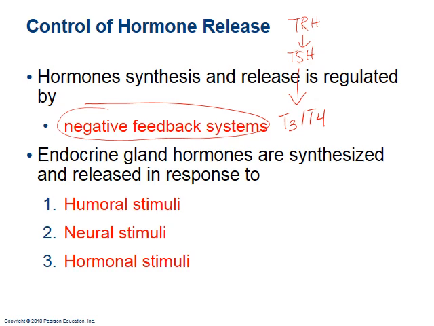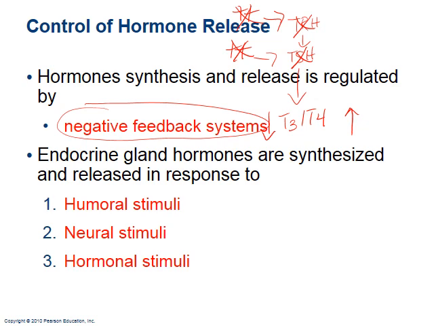If you have low T3 and T4, these guys are going to be on high. We're going to turn them on. Basically, your body is saying, I don't have enough T3 and T4. We need to start the production. Hurry up. We need to make T3 and T4. As soon as T3 and T4 levels are high enough, we go back and we turn off these hormones.